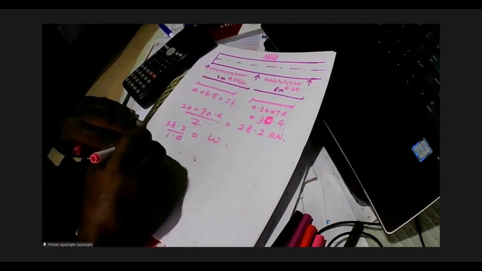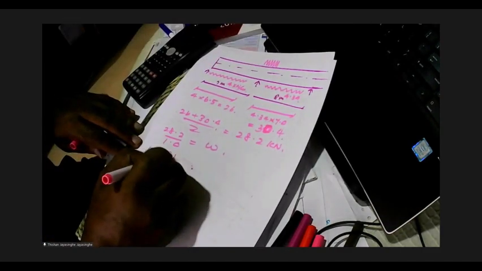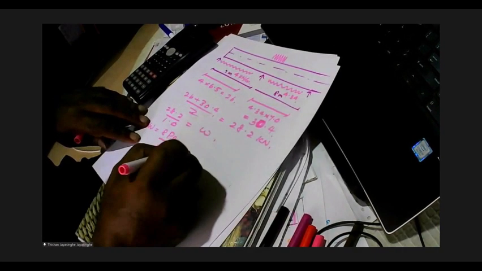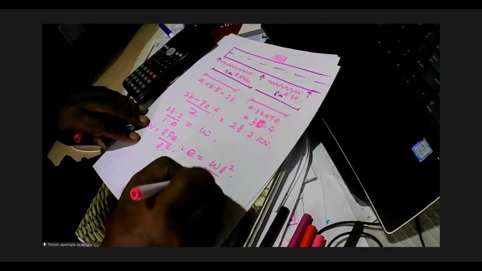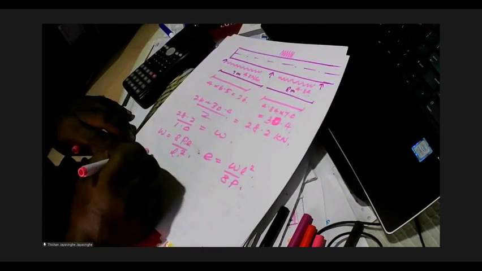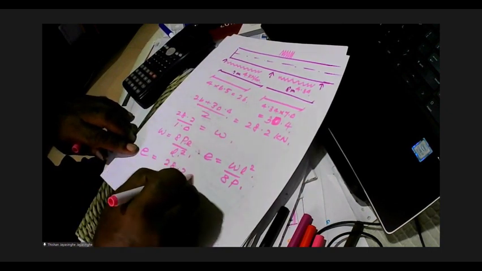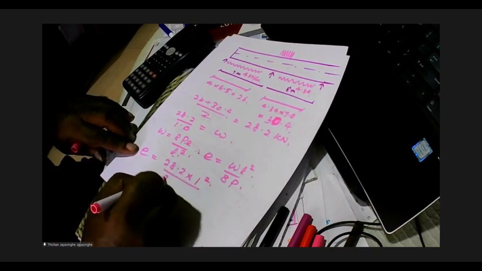Now, W is equal to 8PE over L squared. So from this you can find E as W L squared over 8P. W is about 28.2, L squared is 1 squared, divided by 8.